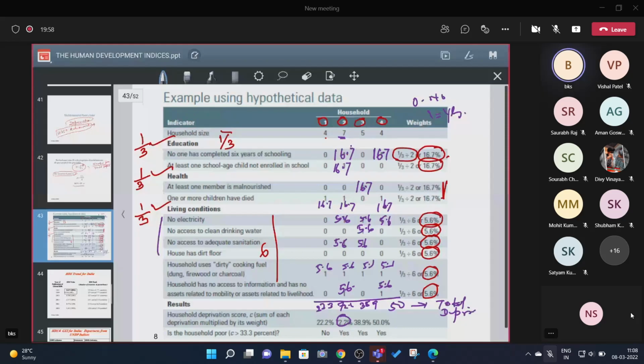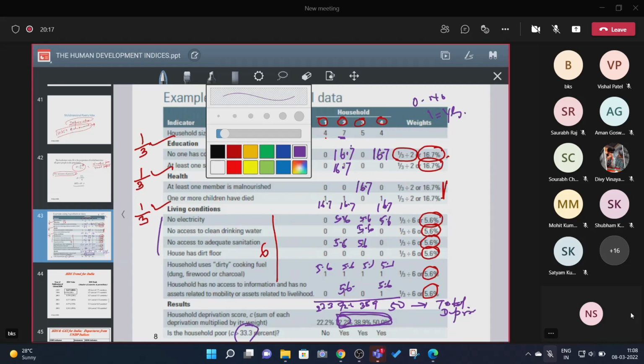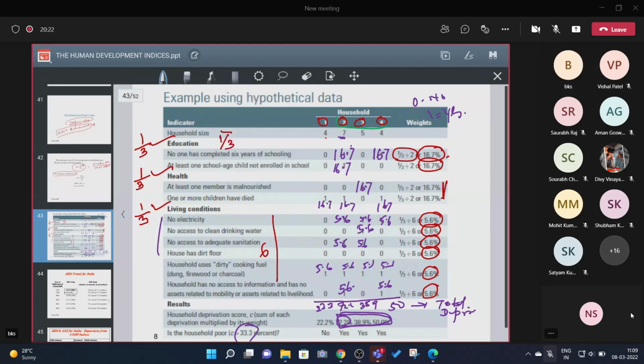If any household has a deprivation score greater than 33.3, then those households are considered poor. So accordingly, you see households 3, 4, and 5 are your poor. So households 3, 4 are poor.